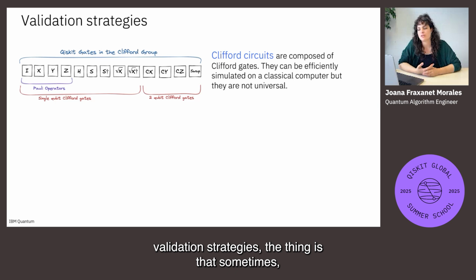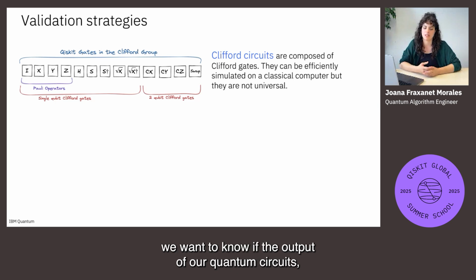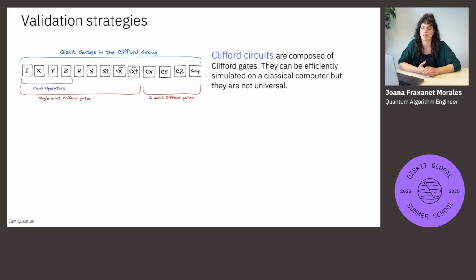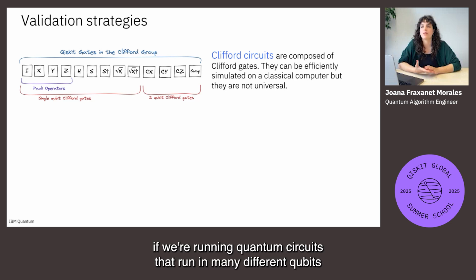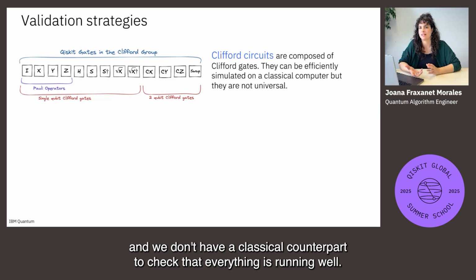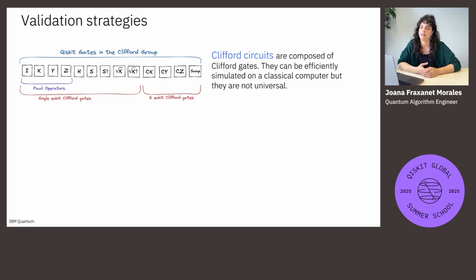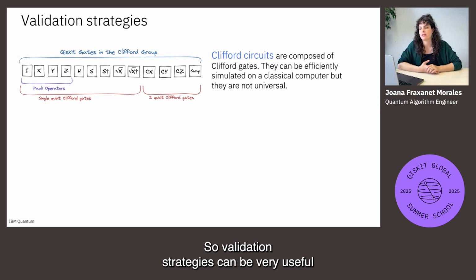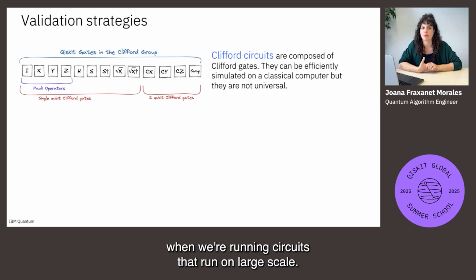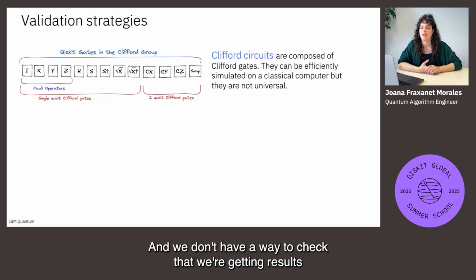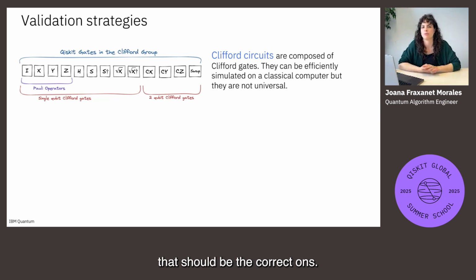So for validation strategies, sometimes what we want to know is whether the output of our quantum circuits is correct, if we're running circuits on many different qubits and we don't have a classical counterpart to check that everything is running well. So validation strategies can be very useful when we're running circuits at large scales, with a large number of qubits, and we don't have a way to check that we're getting the correct results.